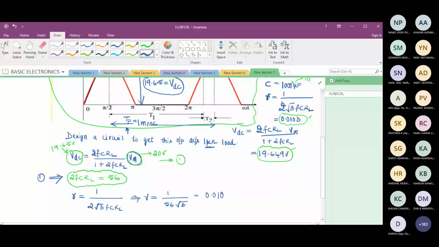So here I'll write, substituting the 2FCRL value, whatever that is, we are getting here 0.0103. Any doubts in this?